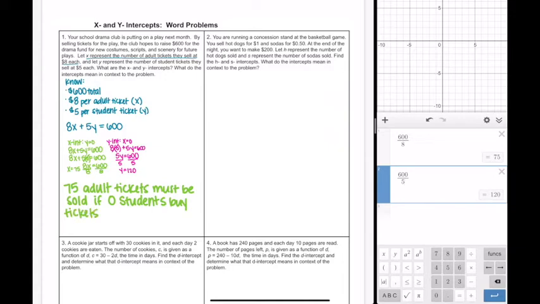And that's because X was 75 when Y was 0. So 75 adult tickets have to be sold if 0 student tickets are sold.